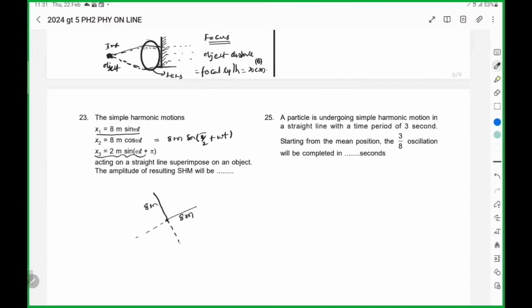Another one, that is 90 plus 90, here pi. So 2 meters. Net displacement in this direction is 6 meters. Here amplitude is 8 meters. These two are perpendicular. Resultant amplitude will be root of 8 square plus 6 square, that is 10 units.